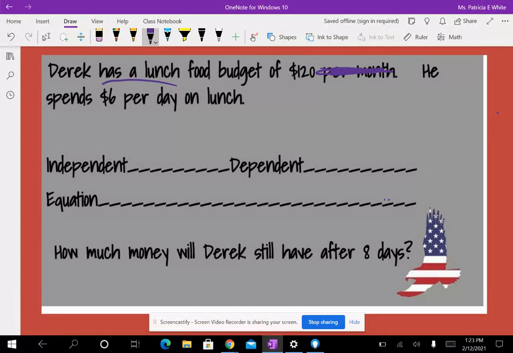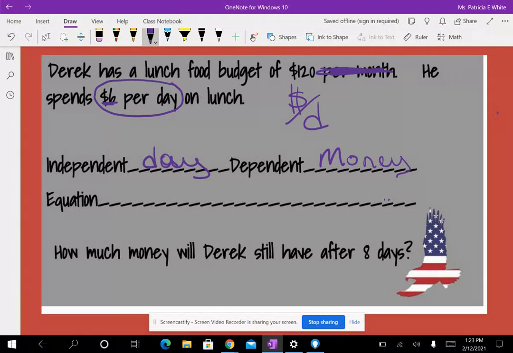I'm going to circle that $6 per day. Dollars every day. Day is going to be independent, and money is going to be dependent, right? How much money he has is going to depend on how many days he spends that $6.